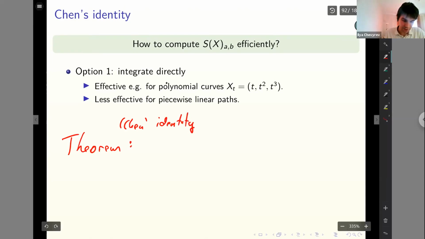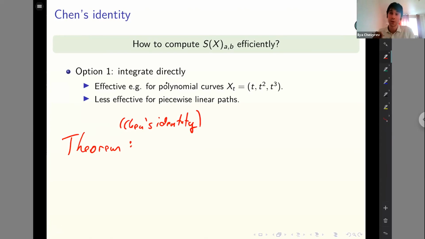I'm going to present it in several different ways. The first way is in terms of coordinates.